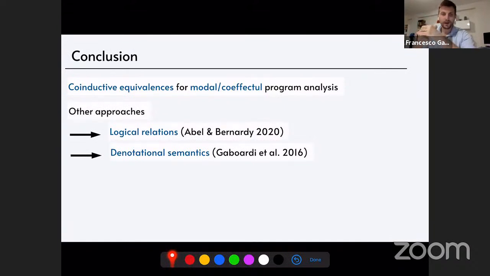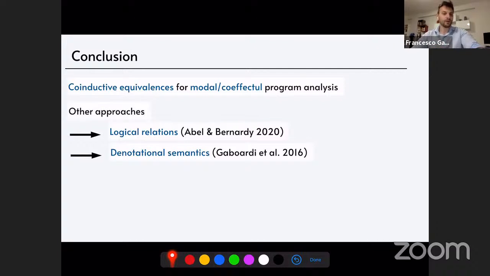So there are, of course, many other approaches. If we want to stay in the realm of program equivalence, there is a recent work by Abel and Bernardy on logical relations for this sort of analysis. The language they consider is different from the one I considered in this talk, but as soon as you have understood these ideas, it's not hard to make a comparison between these two approaches.